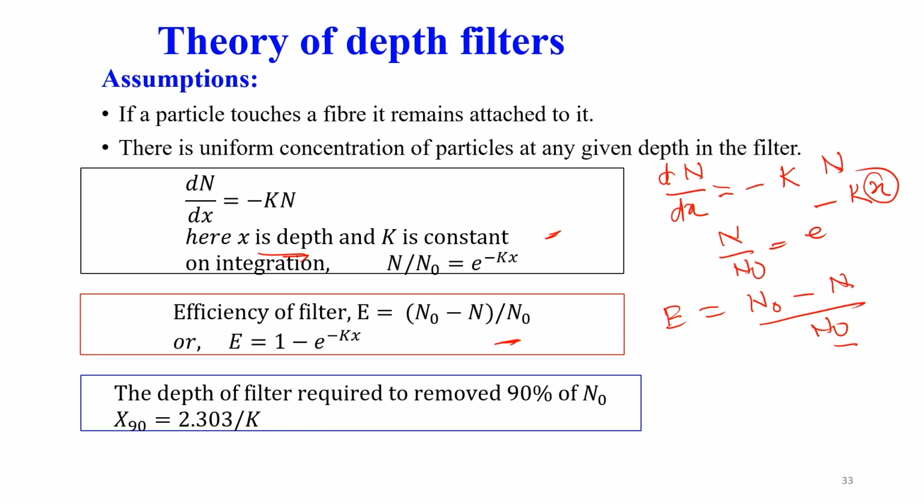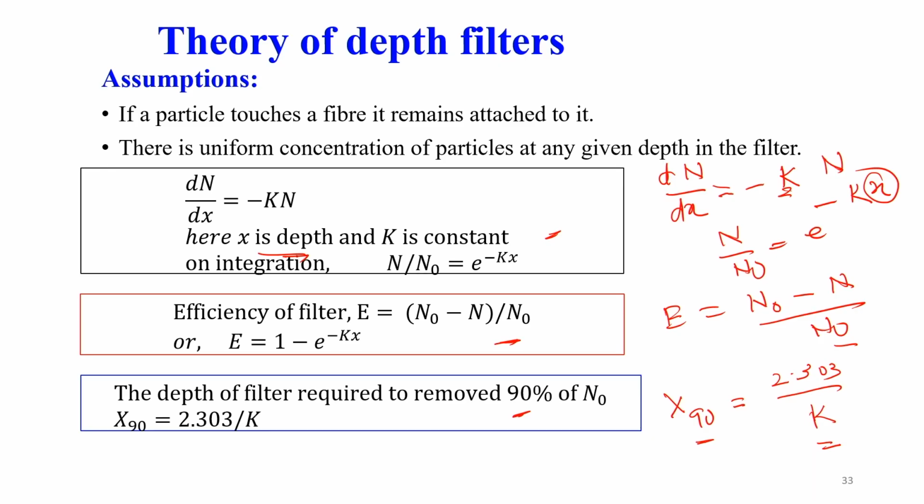And similar to the decimal reduction time, we can also write the x90, the thickness required for 90% removal. This will be the same, 2.303 divided by K, where Kd is replaced by K. So, similar to the cell death kinetics, we follow the theory of depth filter.